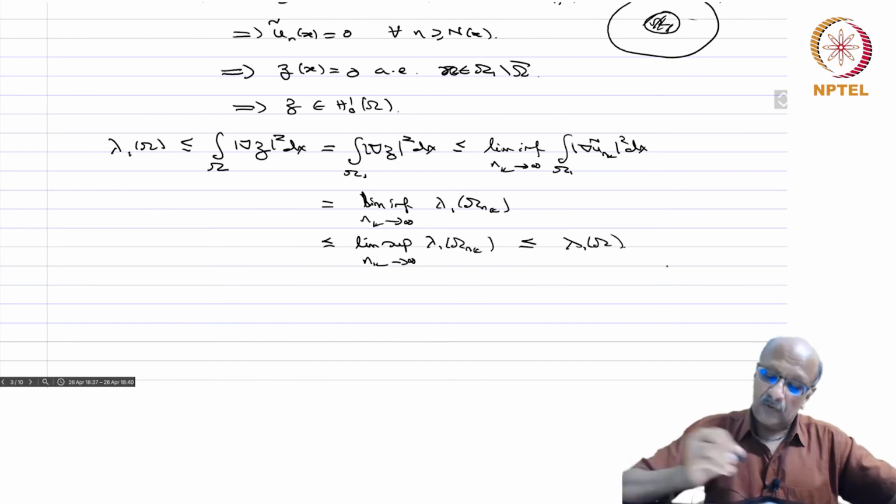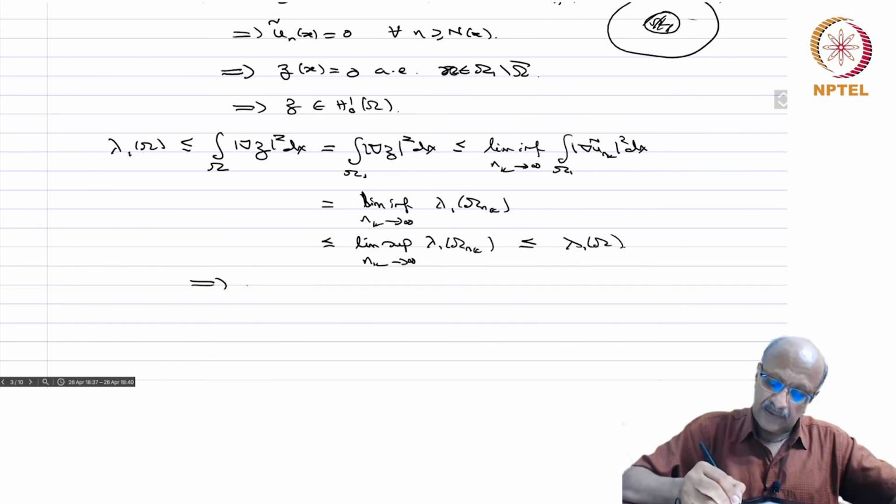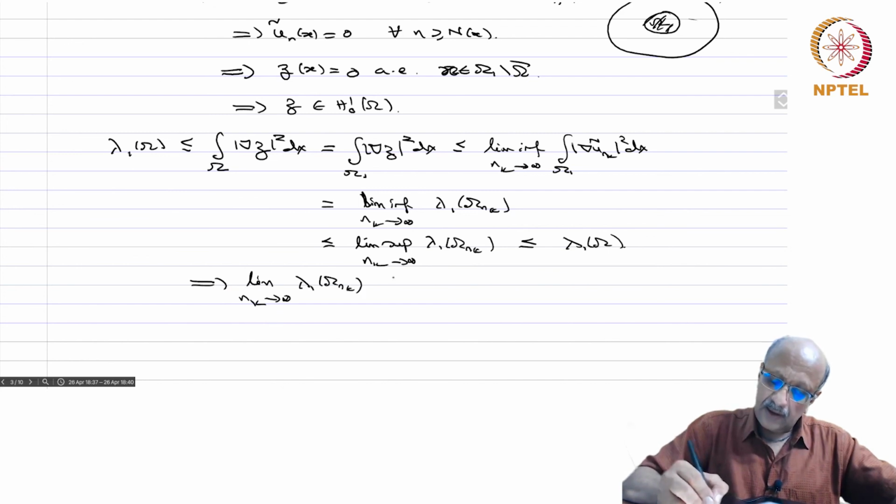So, you have lambda_1 of Omega on either side, lim inf and lim sup. Therefore, the limit as n_k tending to infinity of lambda_1 of Omega_{n_k} equals lambda_1 of Omega.